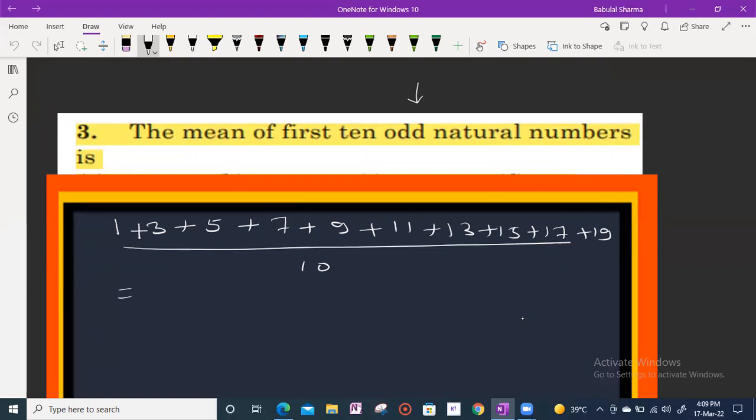Please add these numbers carefully. What is the sum of all these numbers? Please add yourself. That is 100 divided by 10, that is 10.